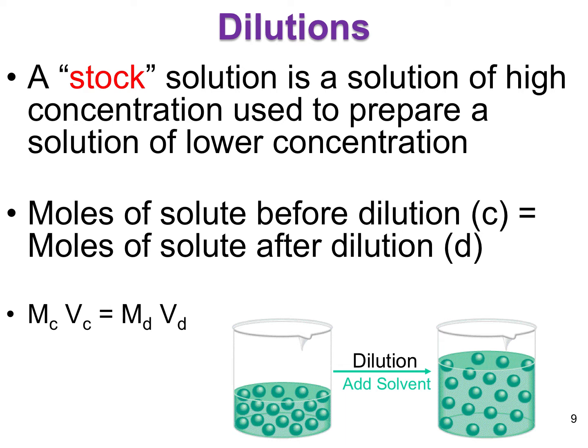Given the concentration of the stock solution and the molarity and volume of the dilute solution, the amount of stock solution can be calculated using the formula M_C times V_C equals M_D times V_D, where C denotes the concentrated solution and D denotes the dilute solution.